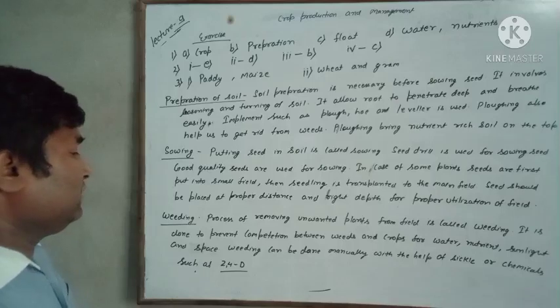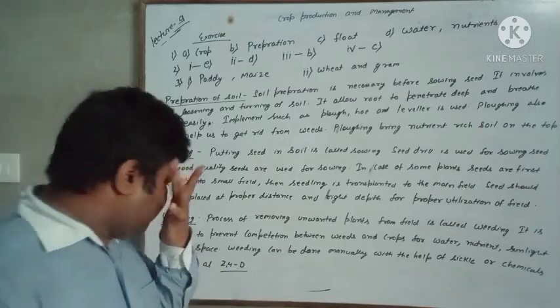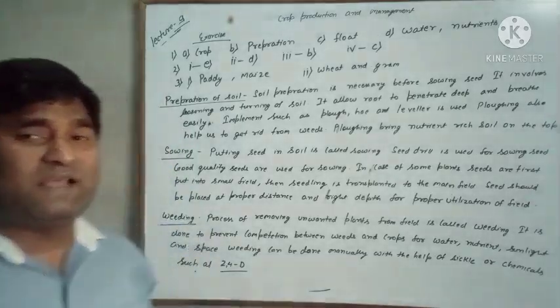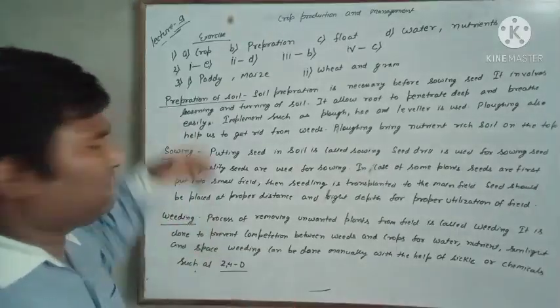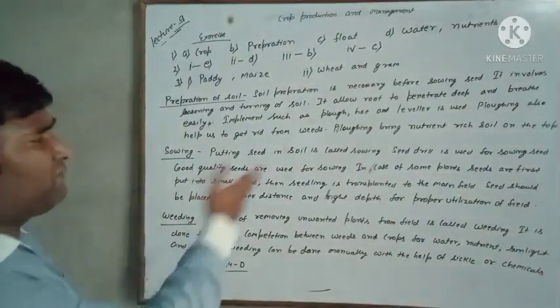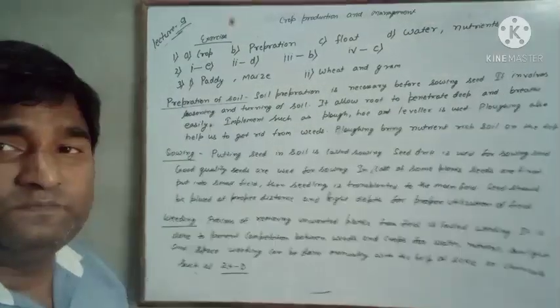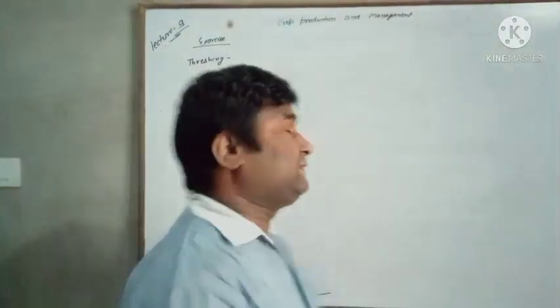So these are the weeds. You can also write here, this is called weedicide. So different points are there. I have just written something that I want to be there in the notes. Apart from this, lots of information is there that you can write. Okay. Next is threshing.